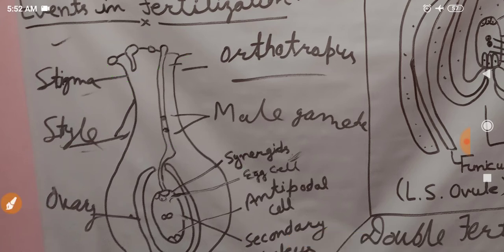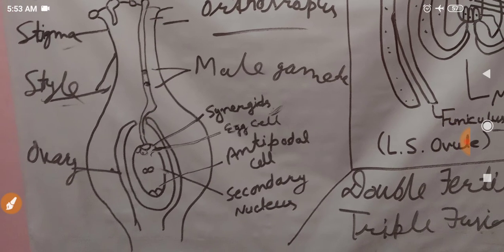You can see many pollen grains sit on this stigma, and only one can germinate and fuse with the embryo sac. You can see one pollen grain germinating and reaching the embryo sac through the micropyle.